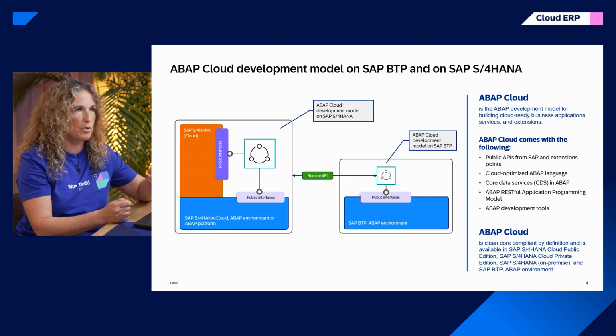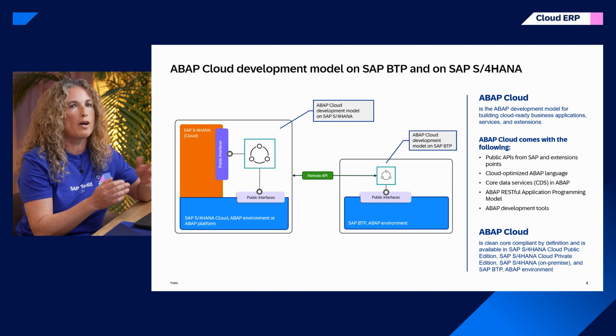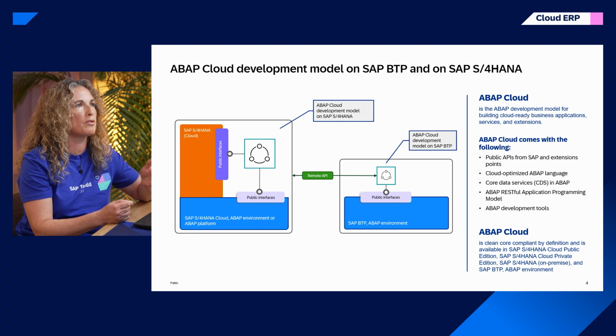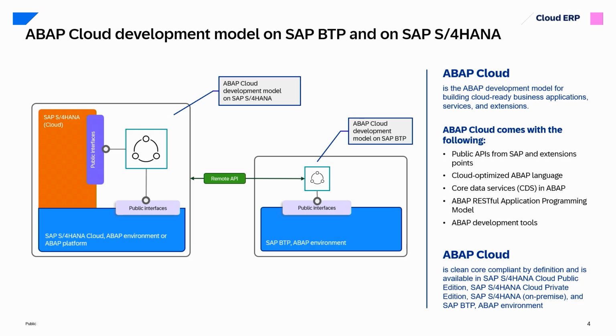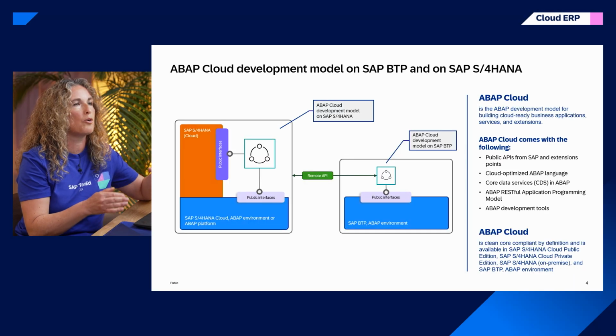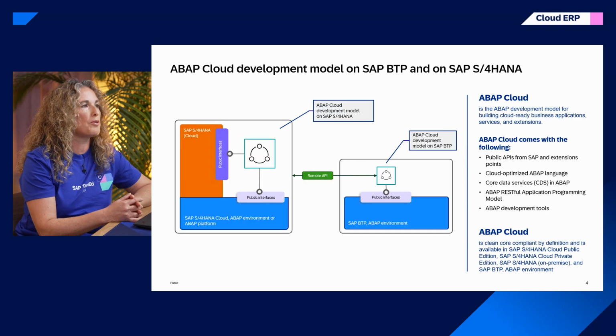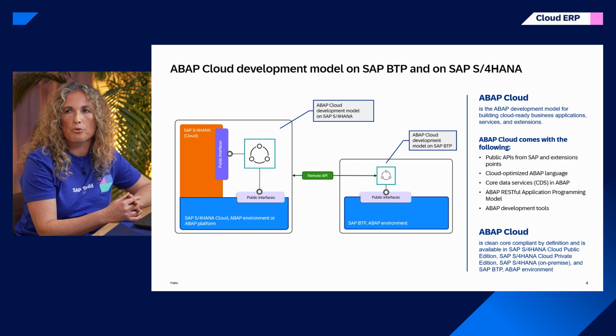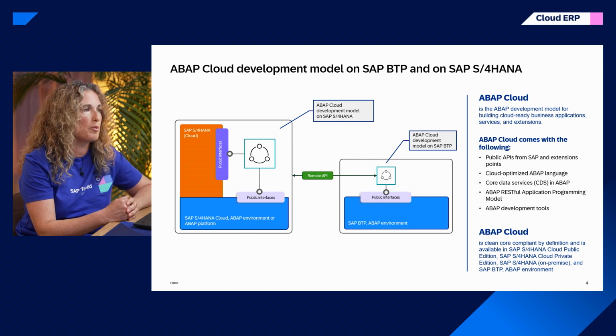ABAP Cloud, also nothing new for most of you, is our ABAP development model to build cloud-ready development extensions and services and applications. ABAP Cloud comprises public APIs from us, from SAP, and extension points. You develop your business logic using cloud-optimized ABAP language, and you do the data modeling and use embedded analytics via core data services. For development of your transactional scenarios, you use ABAP RESTful application programming model.